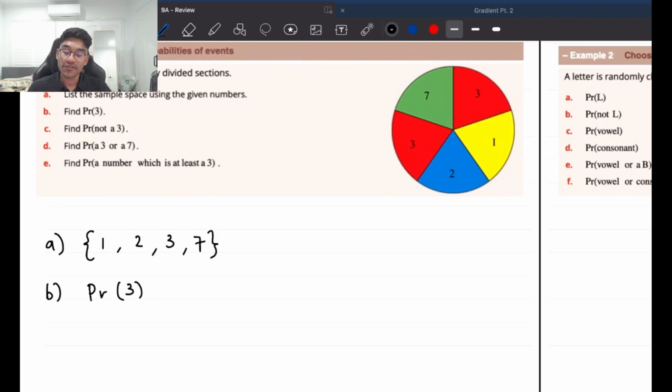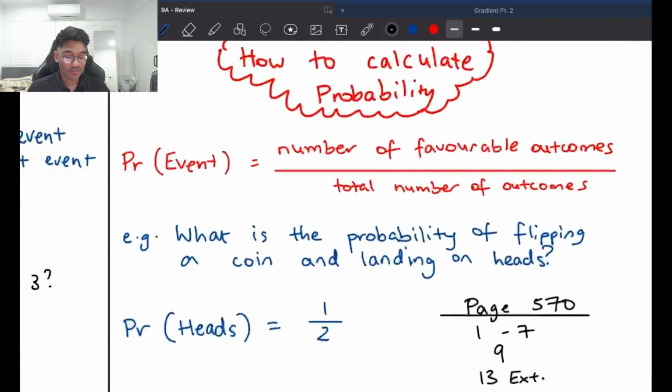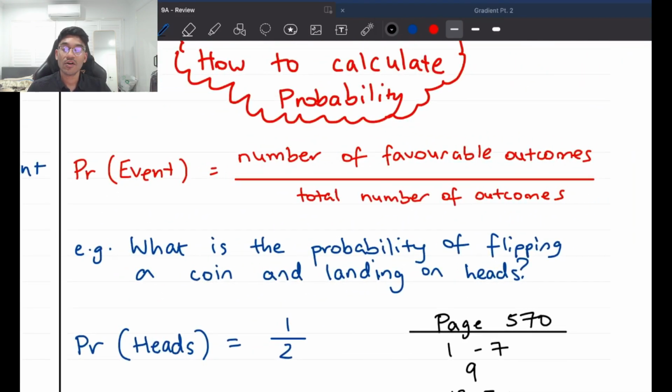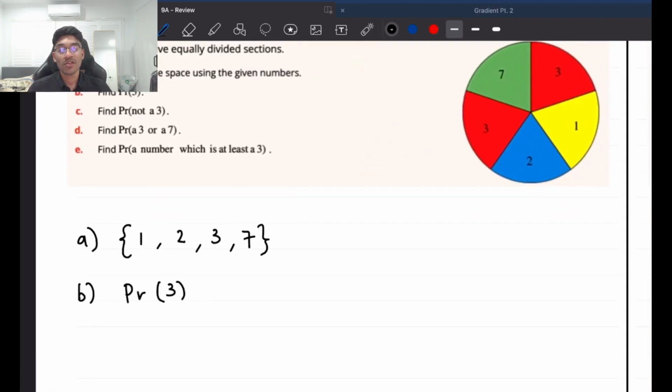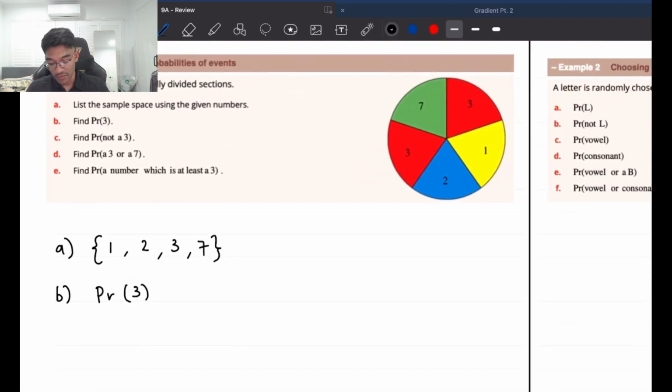So what we've got to do is, if you remember the formula, looking back here, the probability of any event is the number of favorable outcomes, so the number of outcomes that we want, divided by the total number of outcomes. So if you look here, we're looking at the probability of getting 3. We've got to count how many options we can get 3, or how many favorable outcomes there are.